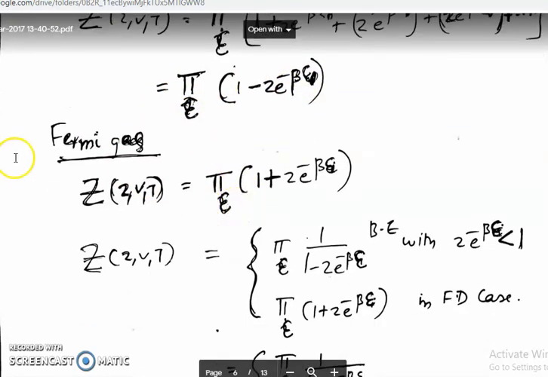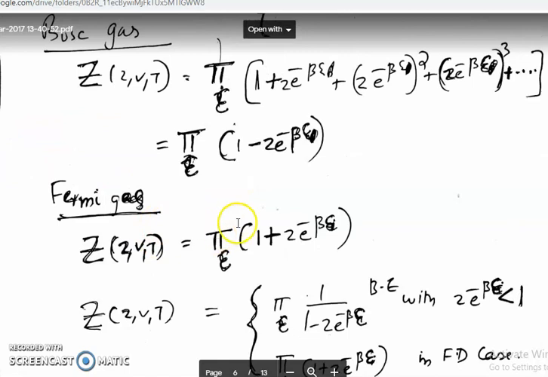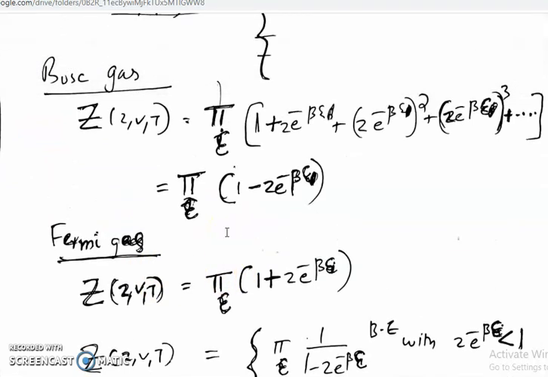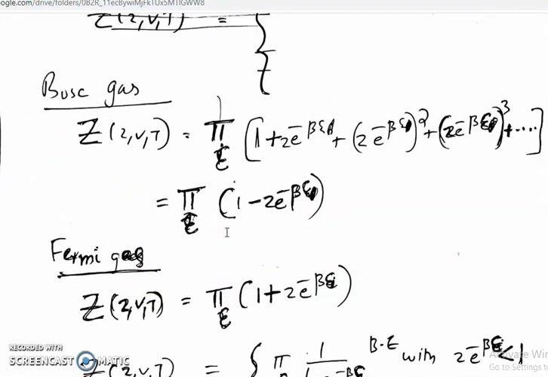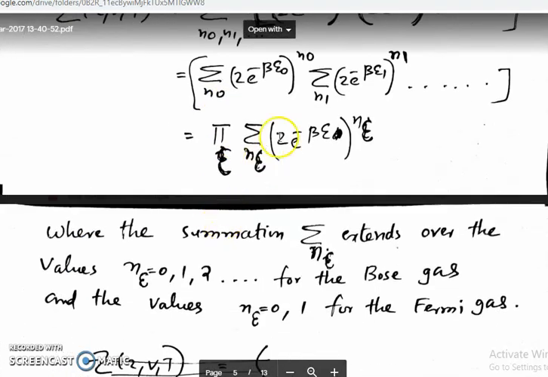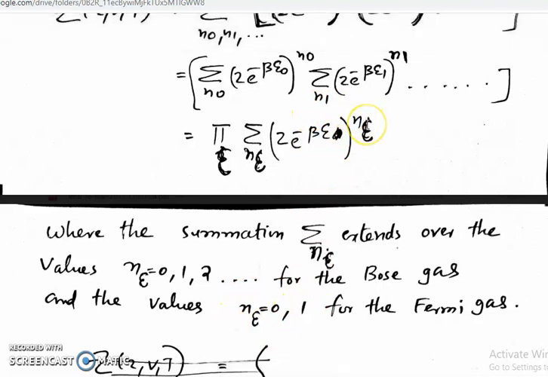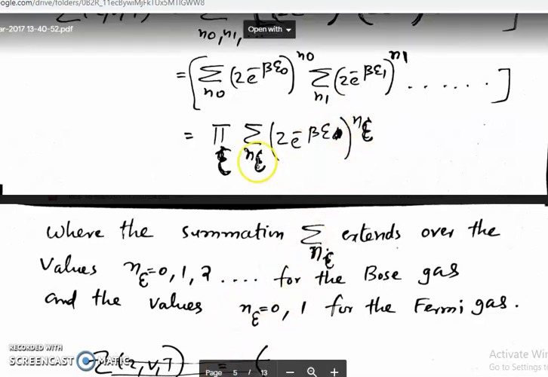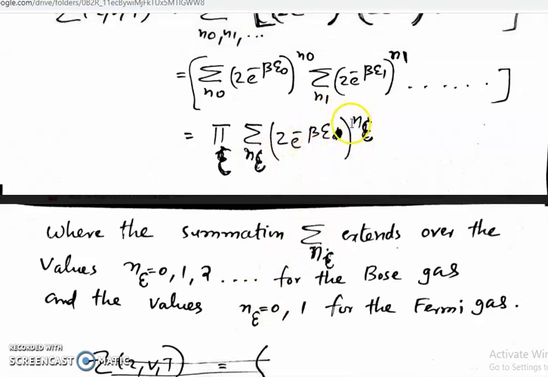And for the Fermi gas, it is 1 plus z e to the power minus beta epsilon, because here you will have only two terms, n epsilon equal to 0 and n epsilon equal to 1. Only two terms will be there.